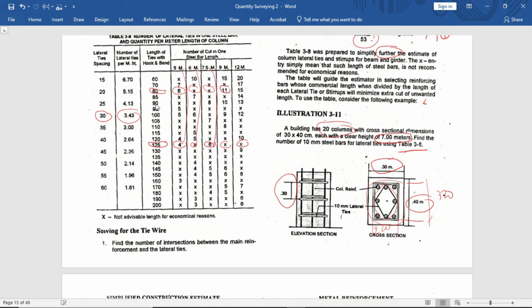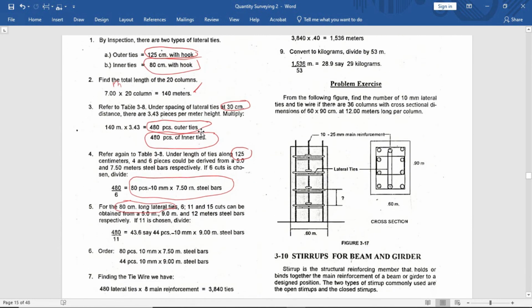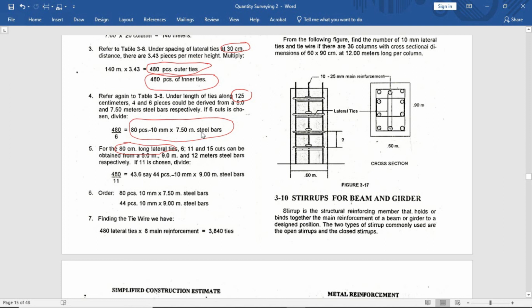So, meron tayong 11 para sa 9 and 12 para sa 15. If 11 is chosen, 480 divided by 11 is 43.6. Say, 44 pieces of 10 mm by 9 meters.